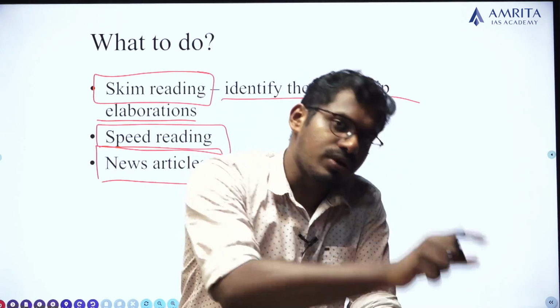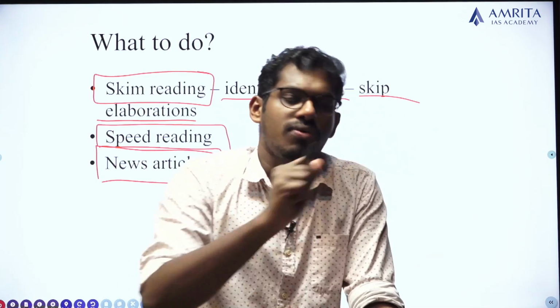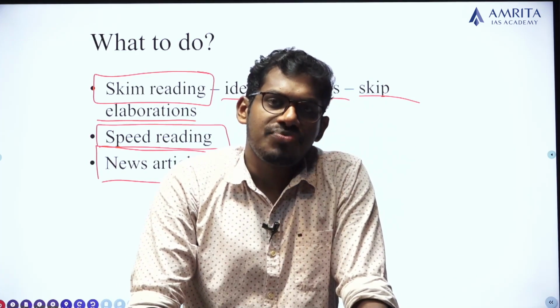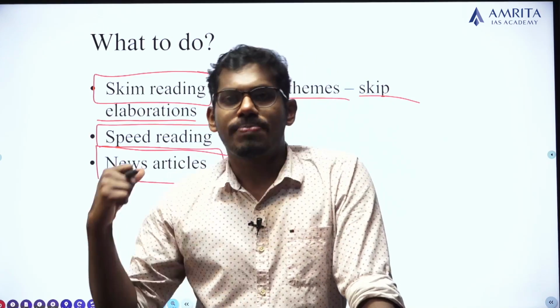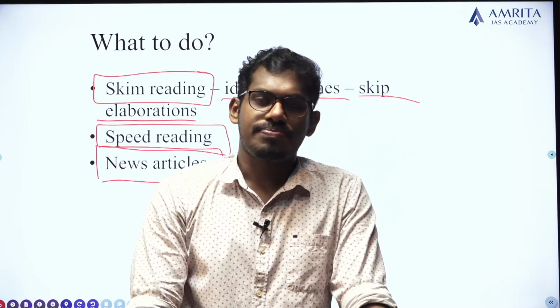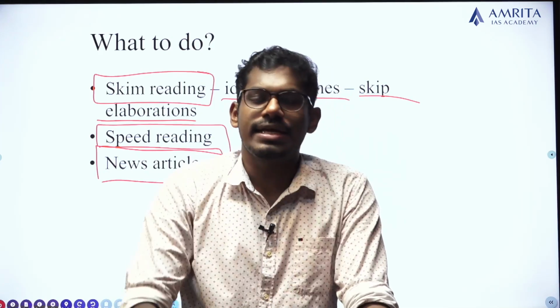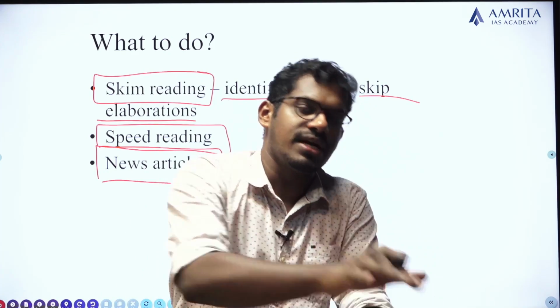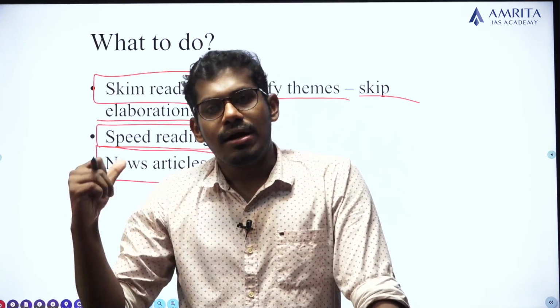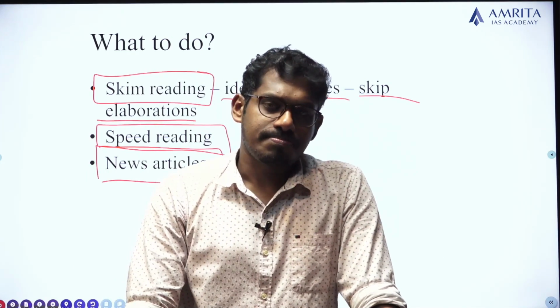If you have to solve questions from English comprehension within a short time, you have to practice this technique. So I request all the students to practice all the English questions from the years 2021 and 2020 without reading the passage.